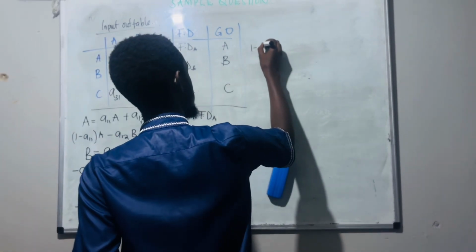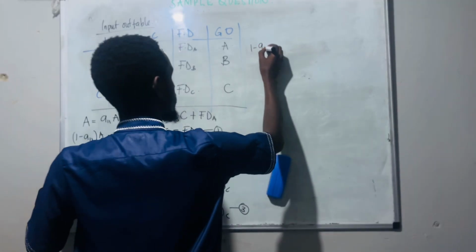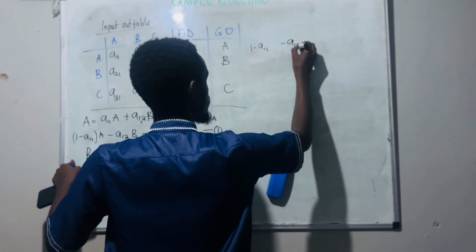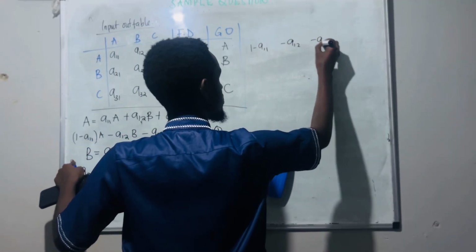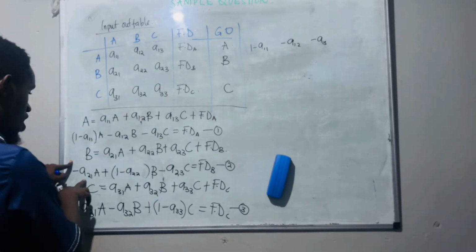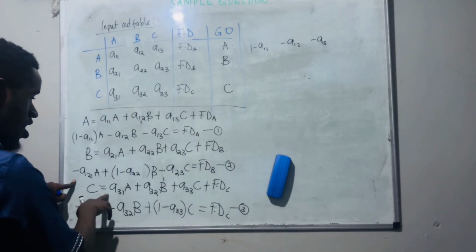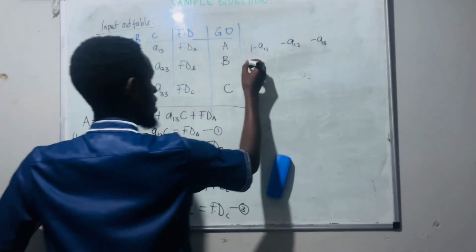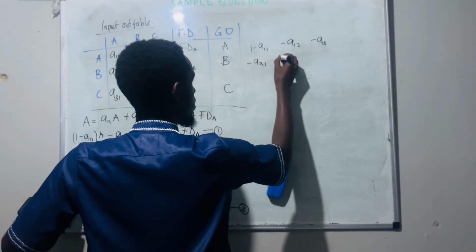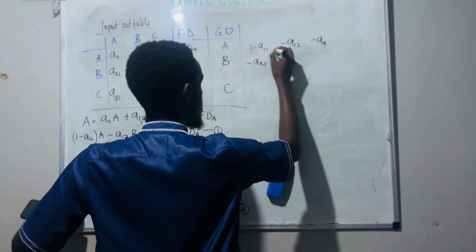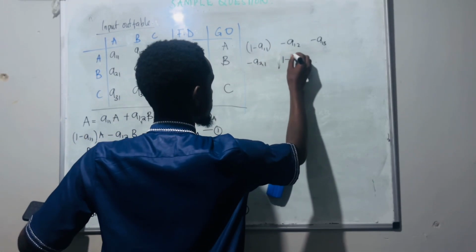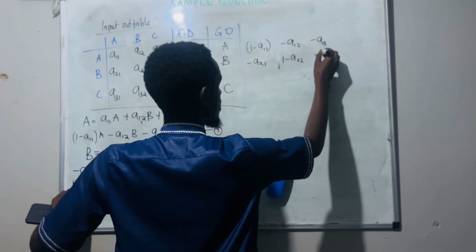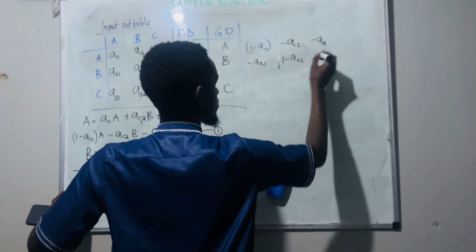I have 1 minus A11, minus A12, minus A13. Here, from this equation, I have negative A21, then 1 minus A22, and then minus A23.